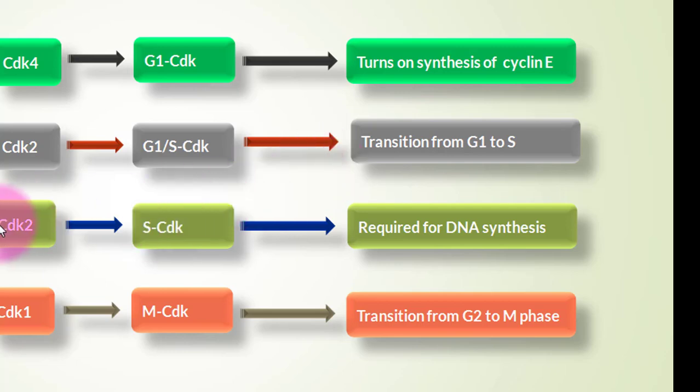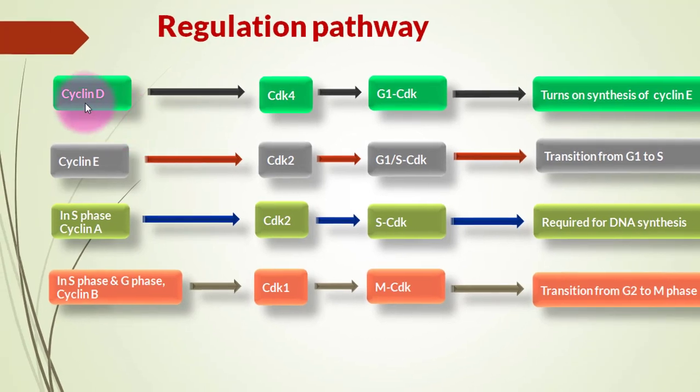So now, the cell first synthesizes cyclin D. Cyclin D will bind to CDK4, forming a complex called G1 CDK.